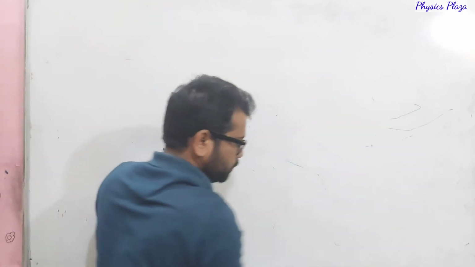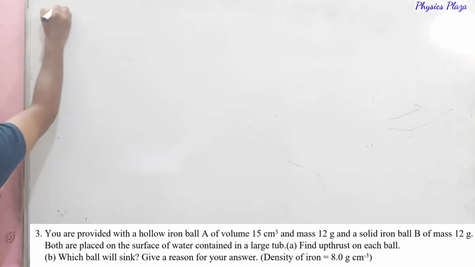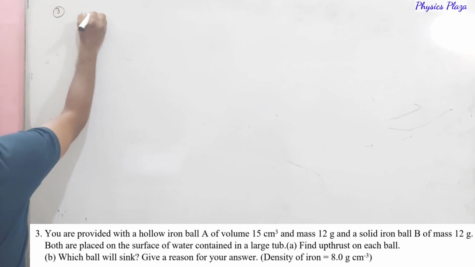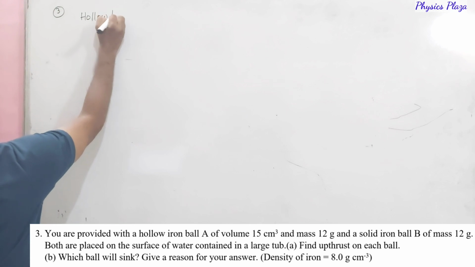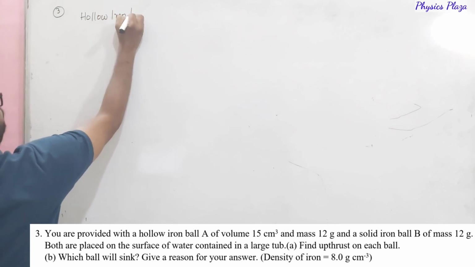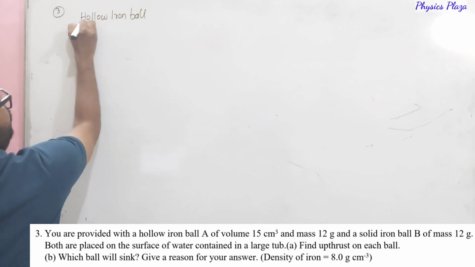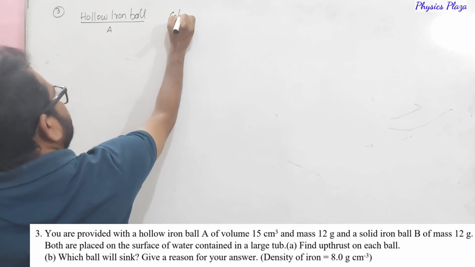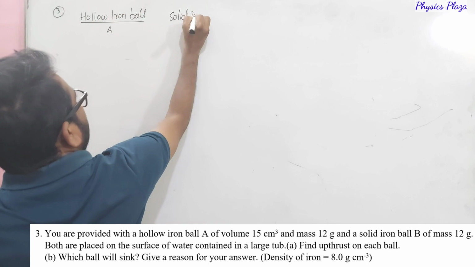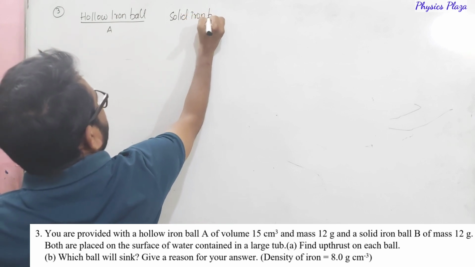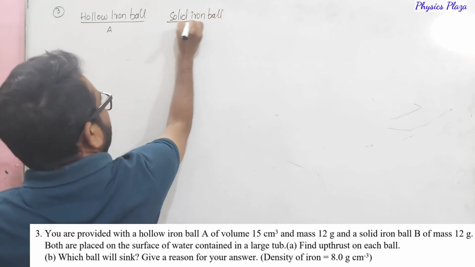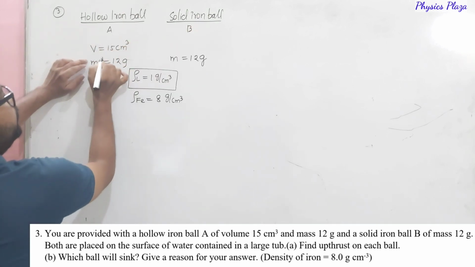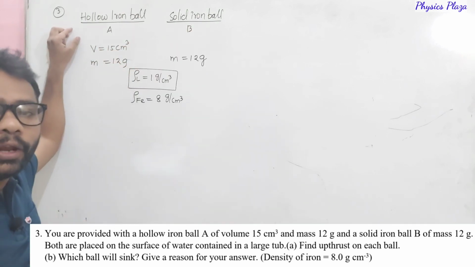Children, look at the third question here. It is given that there are two balls. One is a hollow iron ball A, whereas the other is a solid iron ball.